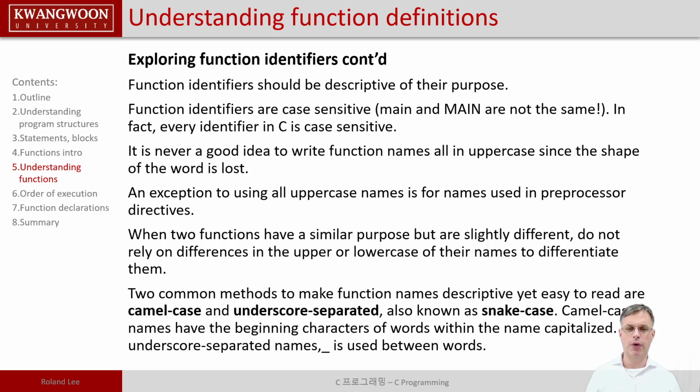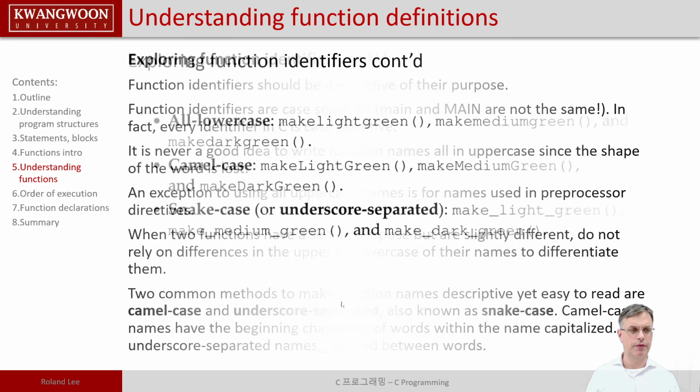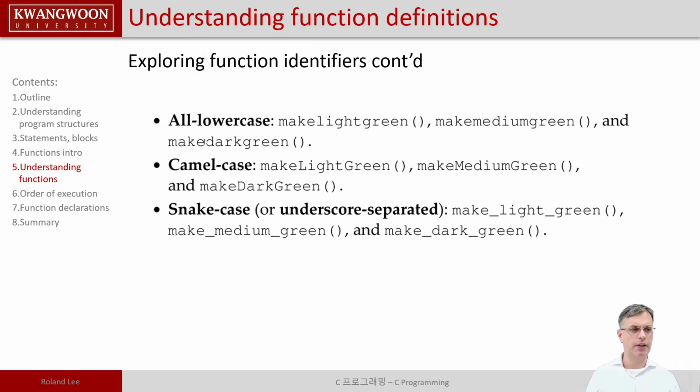In underscore separated names, an underscore is used between the words. So here you have it. All lowercase: make light green, make medium green, and so on. Camel case: make light green, make medium green. And this is snake case, the underscore separated. You see that as well.